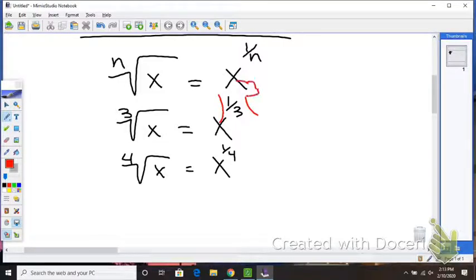What's at the bottom of our fraction? The root. It's a tree. I'm sure there's a Berenstain Bear living inside there. Okay? The root of the radical is the bottom of the fraction.